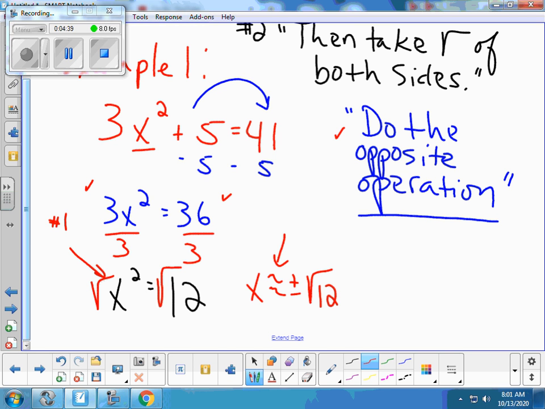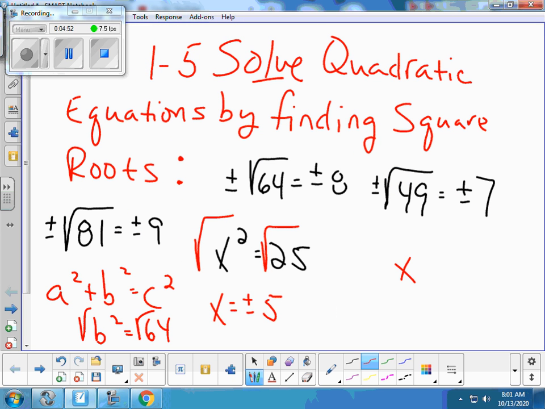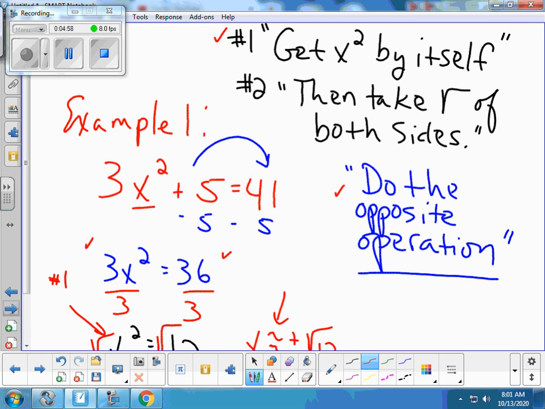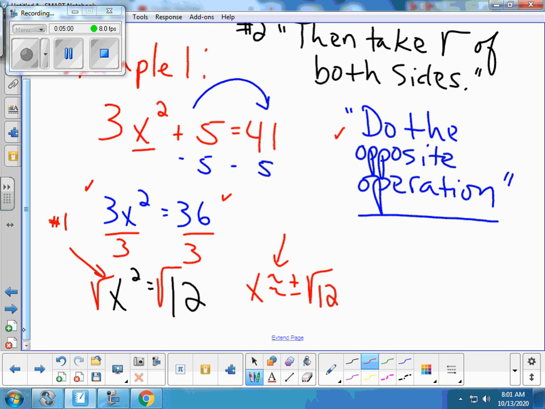Mackenzie? It means about. Exactly. So this is the notation for about or approximately. You don't use it with perfect squares, like the square root of 64 is equal to positive and negative 8 because it's an exact value. Okay, so you can just leave it like this, and that's your answer.